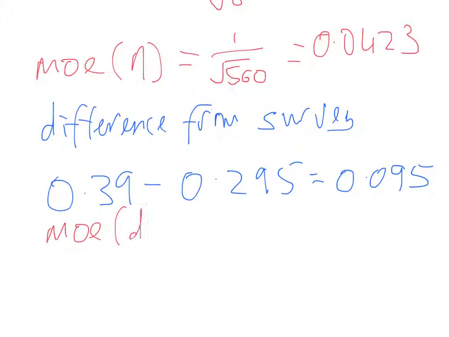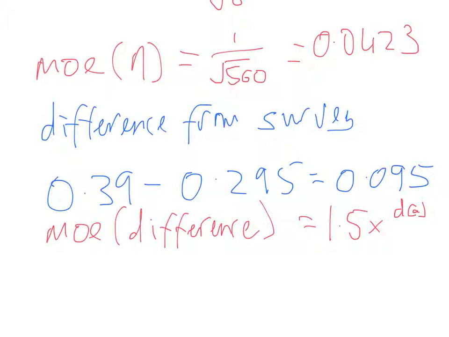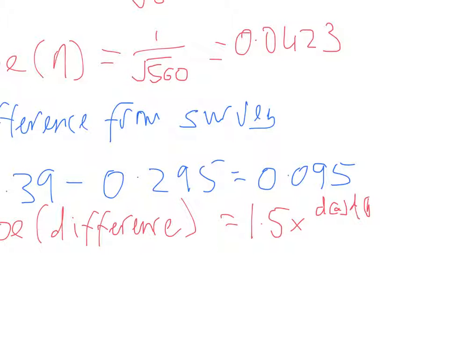The margin of error of the difference equals 1.5 times, and basically it's this, difference A plus difference B, all divided by 2.